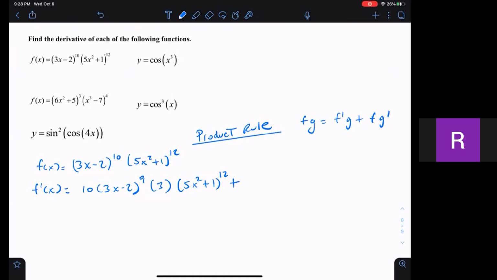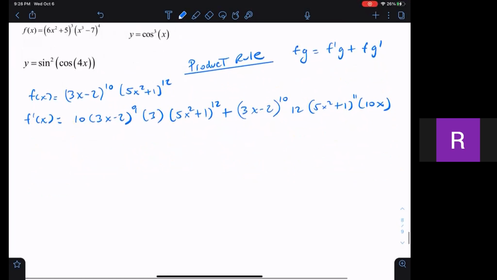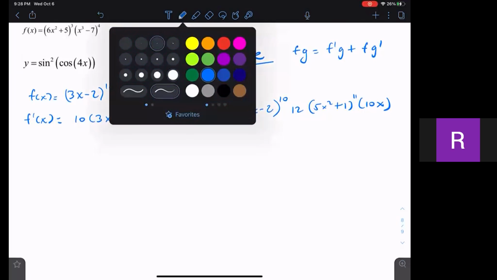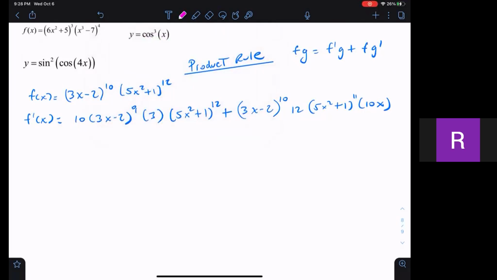And now we leave the first term the same, and we take the derivative of the second term. So this is 12, (5x squared plus 1) to the 11, times 10x. Okay. Now we need to factor this thing if you want the same thing as the solution that they have in there. So here it's going to be 30, right? You get 30 from here and here.